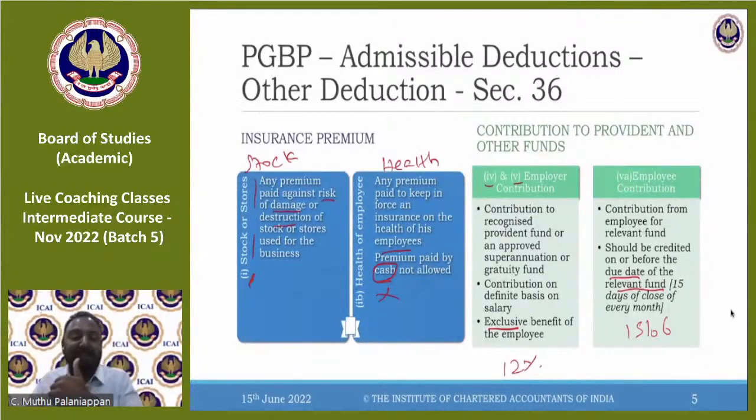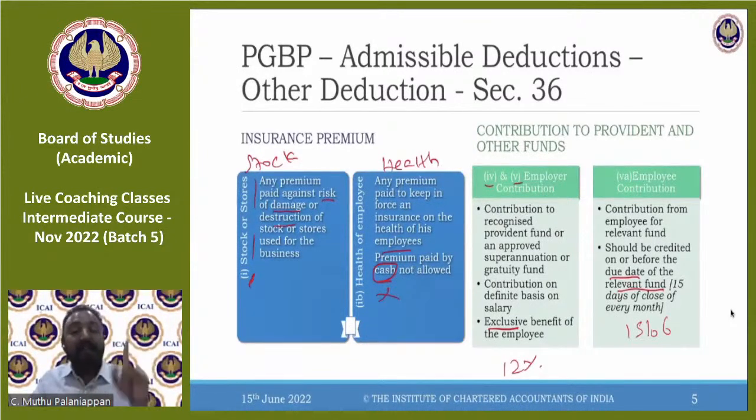When we are seeing this a little later under another section, 43B, I'll come back to this statement because there is an amendment in that. So please understand the difference between the employer contribution and employee contribution. In employer contribution, I am not using the words it must be paid within the due date specified in the act.